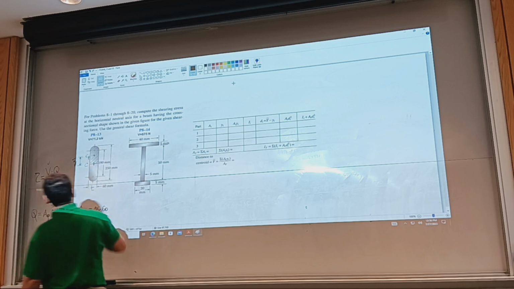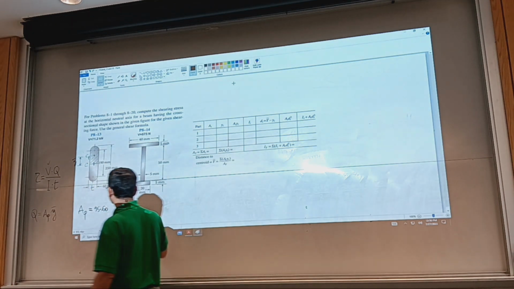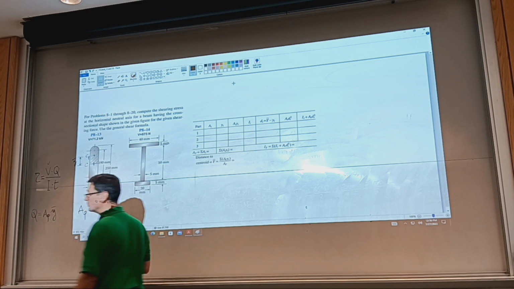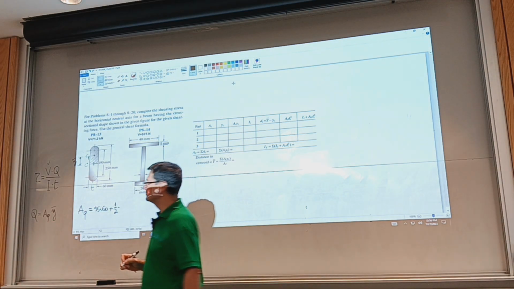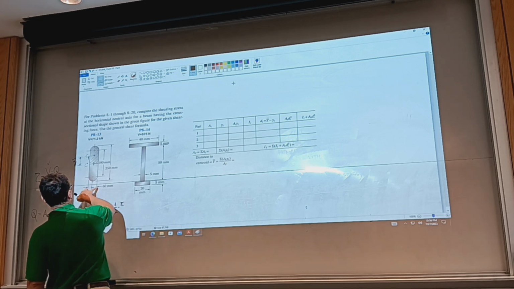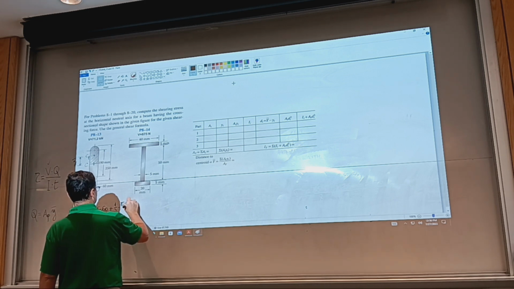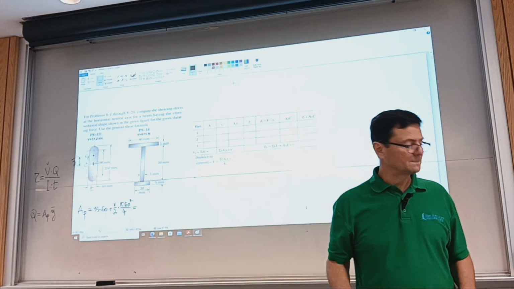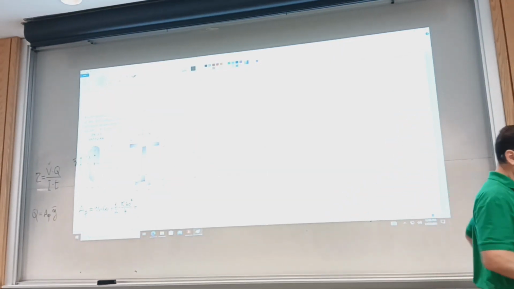And then I have 1 over 2, because it's half of a disc, times the formula for the area of a disc: pi, and the diameter is 60, squared over 4.